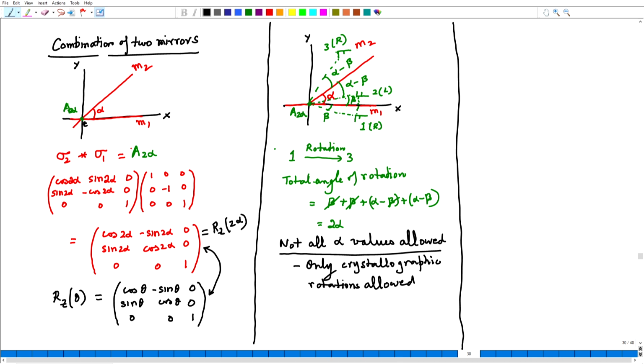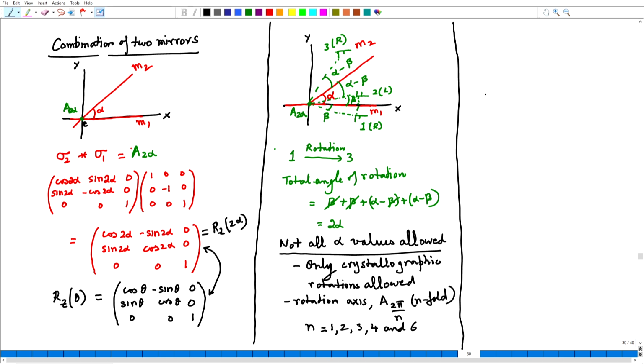So, if there has to be a rotation axis A, let us say 2 pi upon n for an n-fold rotation matrix, then n is restricted to 1, 2, 3, 4 and 6.